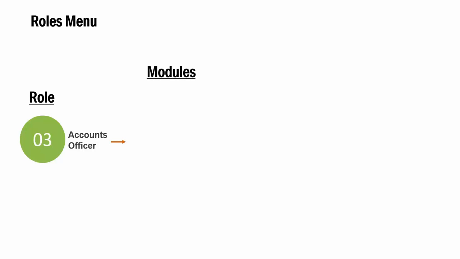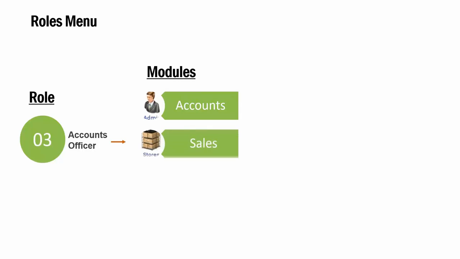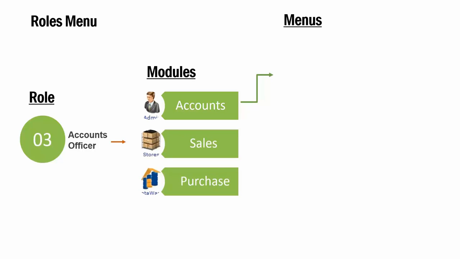In this example, we take a role named accounts officer who has access only to 3 modules: accounts, sales, and purchase. We provide menu level access to each module to which he is authorized to access.